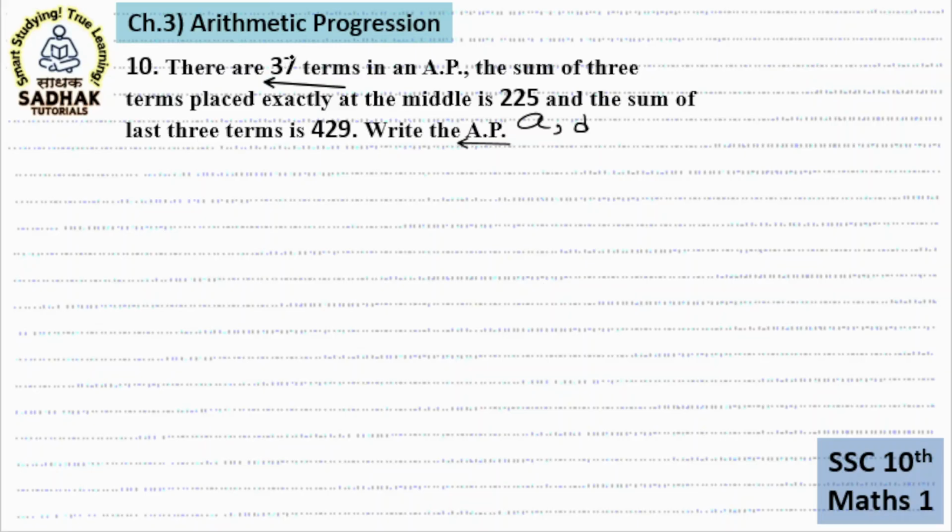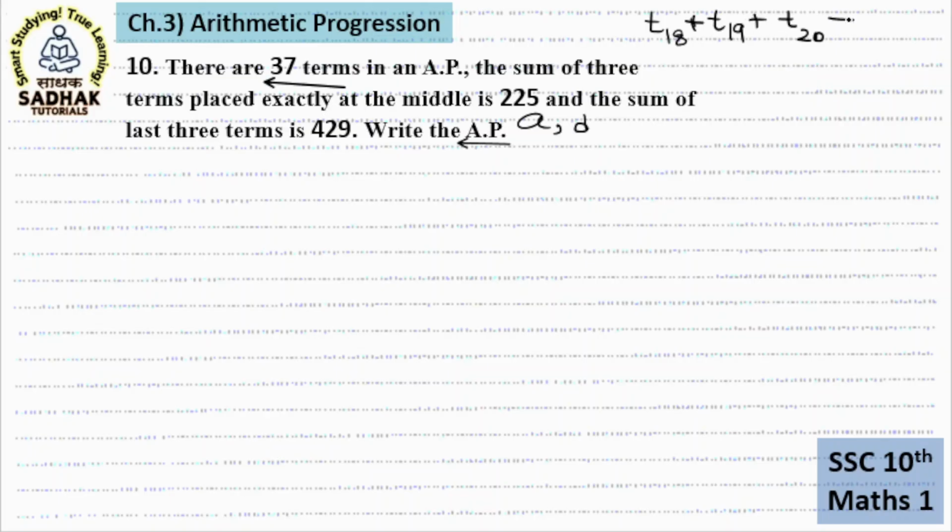So 36, the previous number, 36 divided by 2 will give us 18, right? So the exact middle term will be the 19th term. Okay. So T19 will be exactly at the center. Then before that will be term 18, and then next to that will be term 20. So these 3 terms are exactly at the middle of this AP.